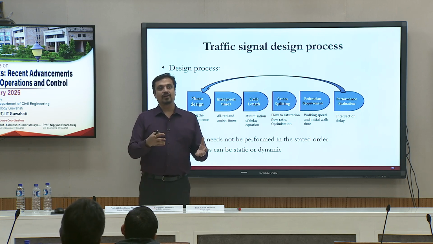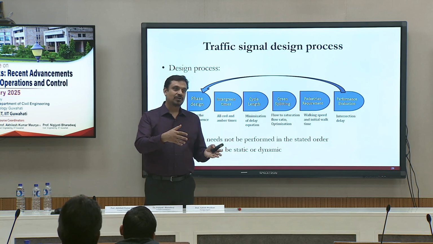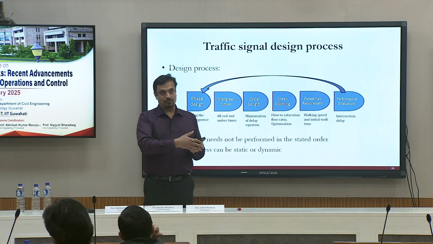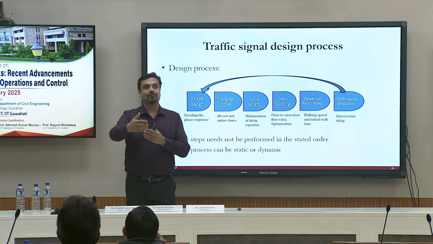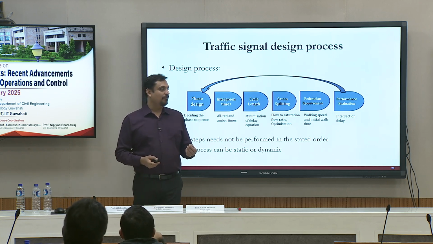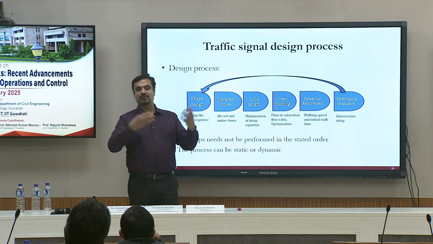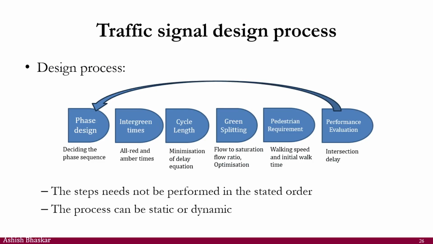I can give green to a specific approach to a certain limit, as green to some other approach. But if my volume to saturation ratio is very high for all of them, I can't do anything. No matter whatever I use, the system is oversaturated. You are doing these things in a way so that the system is not above the capacity of the intersection.